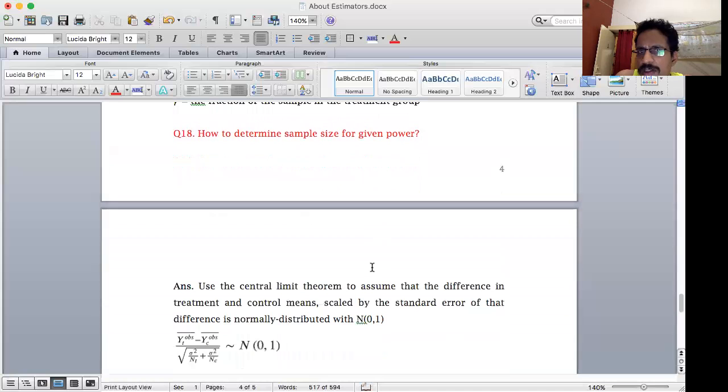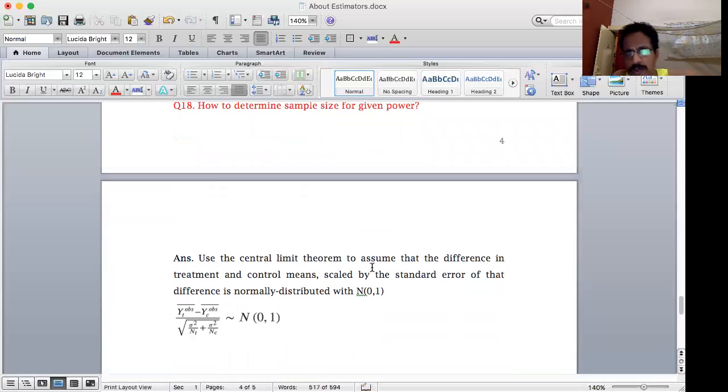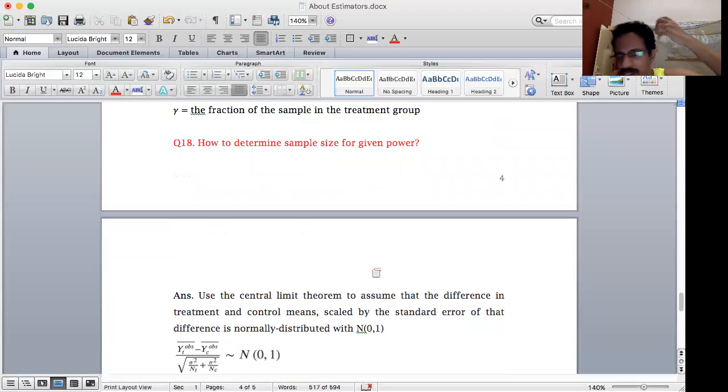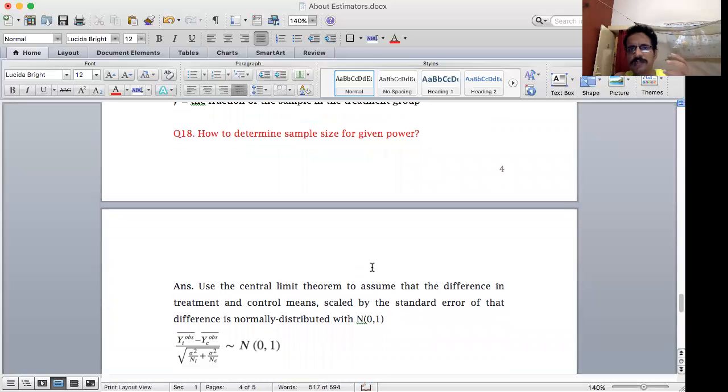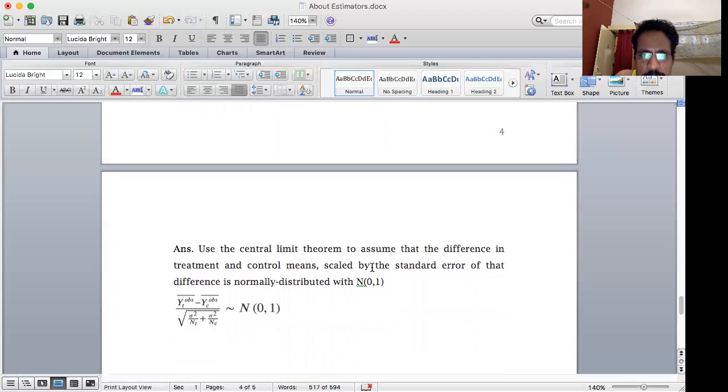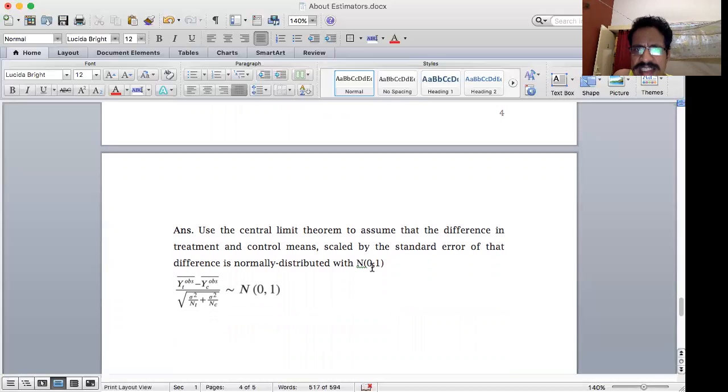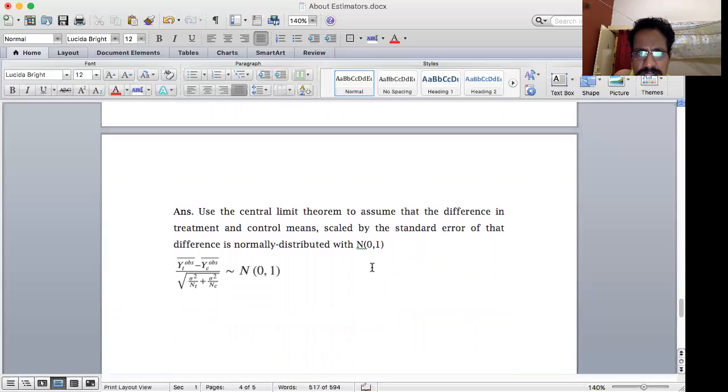Now, how do you determine the power? You know how to determine the sample size when you have already decided upon the power of your test. So we use the central limit theorem, and we assume that the difference in treatment and control means, scaled by the standard error, is normally distributed.